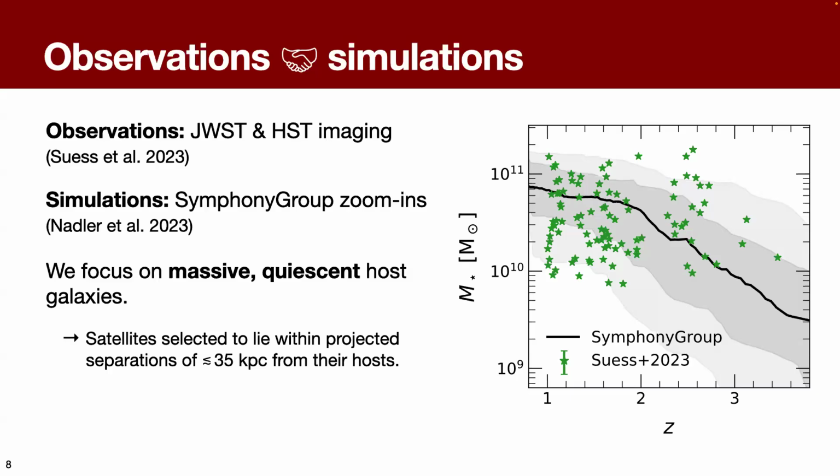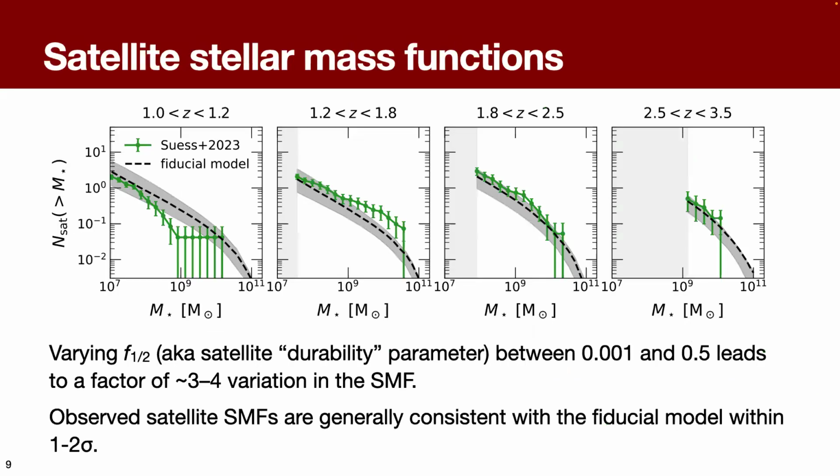In this particular work, we just focus on massive quiescent host galaxies and their satellite systems. And this plot is just showing you the stellar mass and redshift distribution of our host galaxies. So the green are the observed hosts, and then the black and gray are our simulated hosts. Cool. So now the main results.